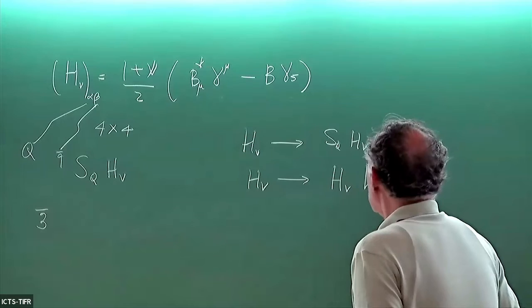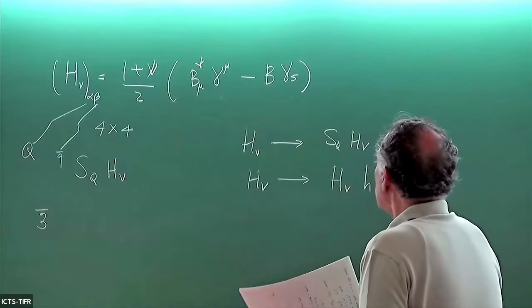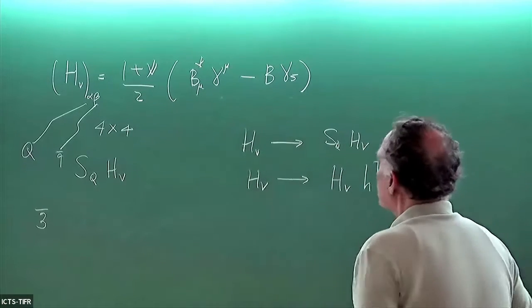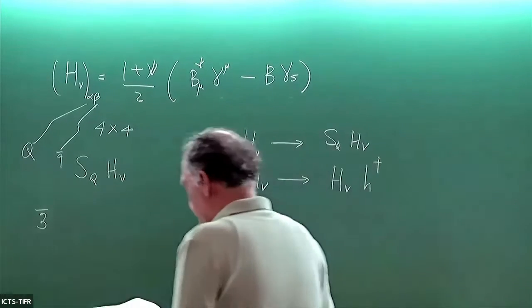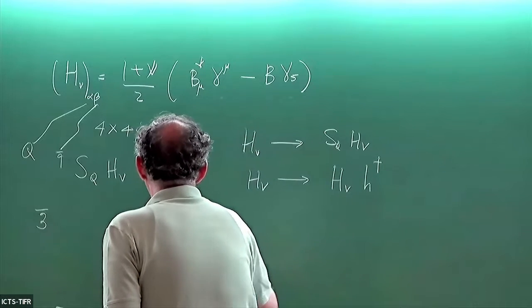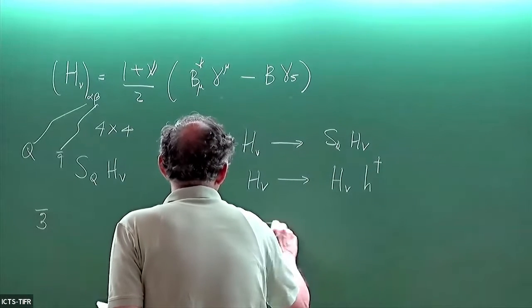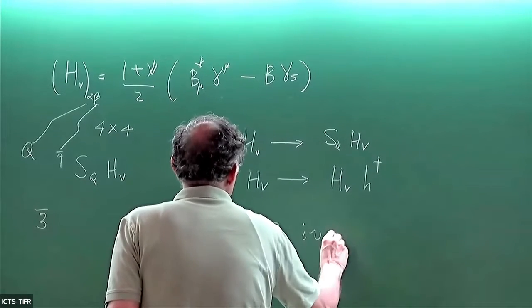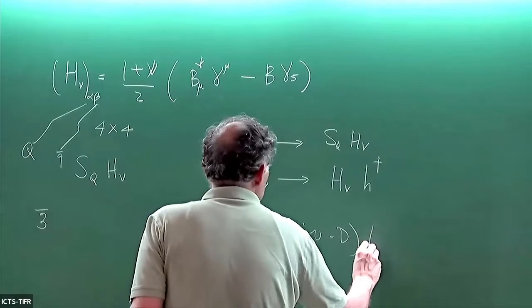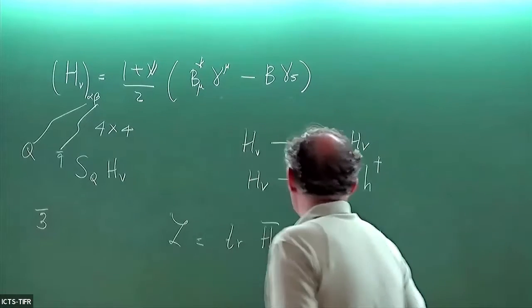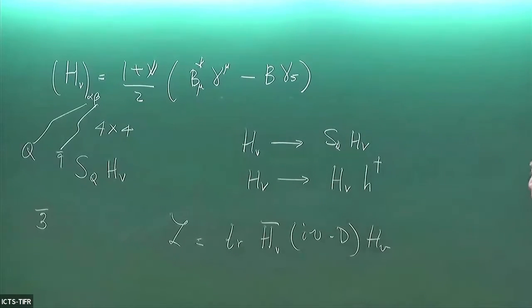So now we want to write down the chiral Lagrangian for this object, and it should be familiar now. So you have H bar_V, i V dot D, the chiral covariant derivative acting on H_V. That's the kinetic term.